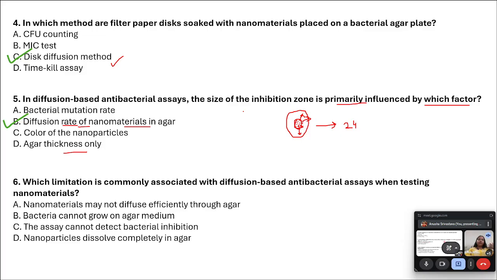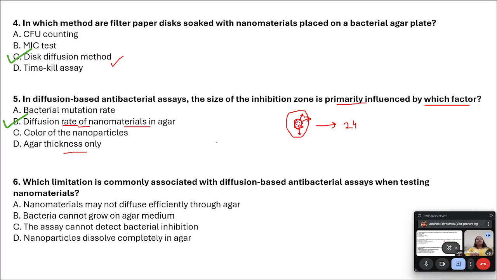If you are trying to find out the antibacterial activity, maybe you can prove it with a combination of two or three methods. You can do an agar diffusion method, then the colony forming units method, and then further support your data through electron microscopy images, where you can simply see it with your eyes.